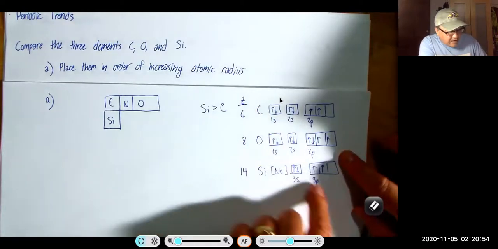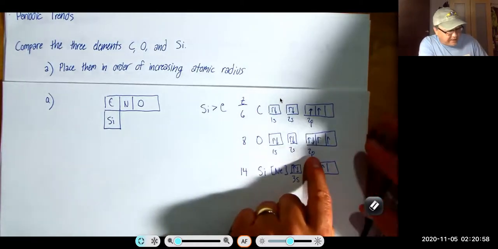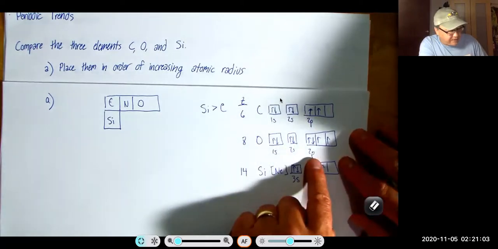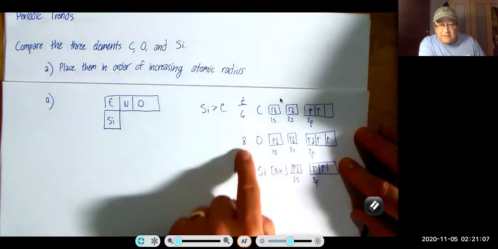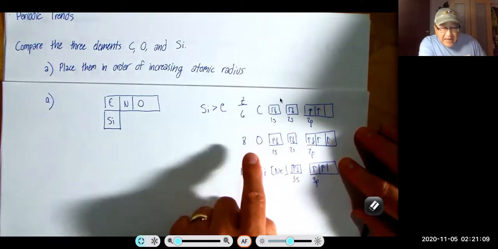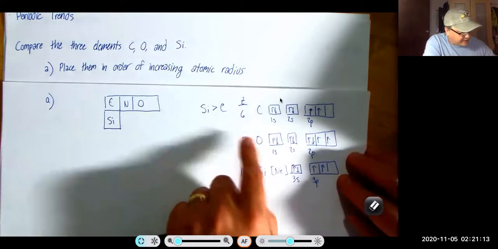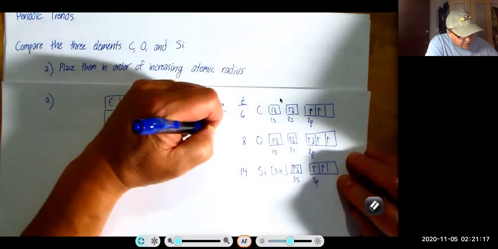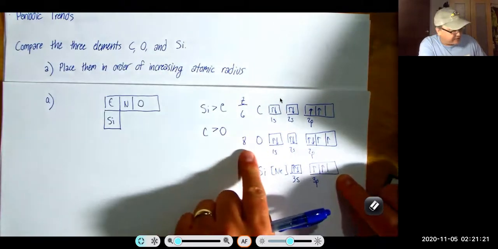Now, the outermost occupied subshell is the 2p. They're the same, so we can't use that as a reason for why they're different. So what do we go to next? We look at the charge here of the nucleus. +8 pulls the electrons in better than a +6. So that means that carbon is going to be larger than oxygen because oxygen has more protons in the nucleus.